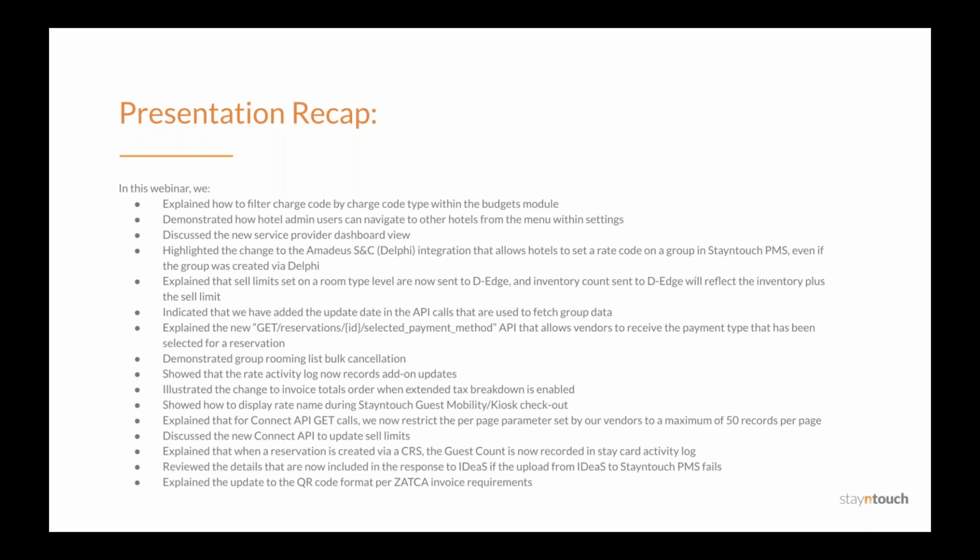We discussed the new Connect API update to cell limits, explained that when a reservation is created via CRS, the guest count is now recorded in the Stay Card activity log, reviewed the details now included in the response to IDeaS if the upload from IDeaS to Stayntouch PMS fails, and explained the update to the QR code format per ZATCA invoice requirements.